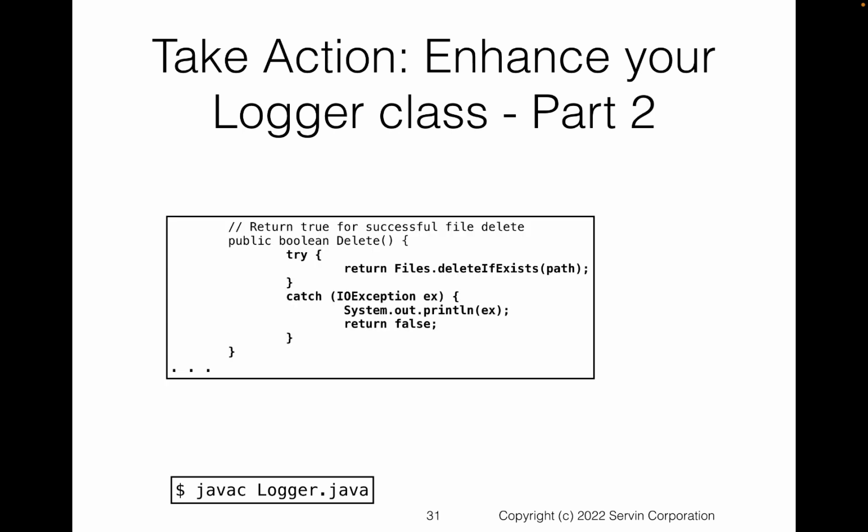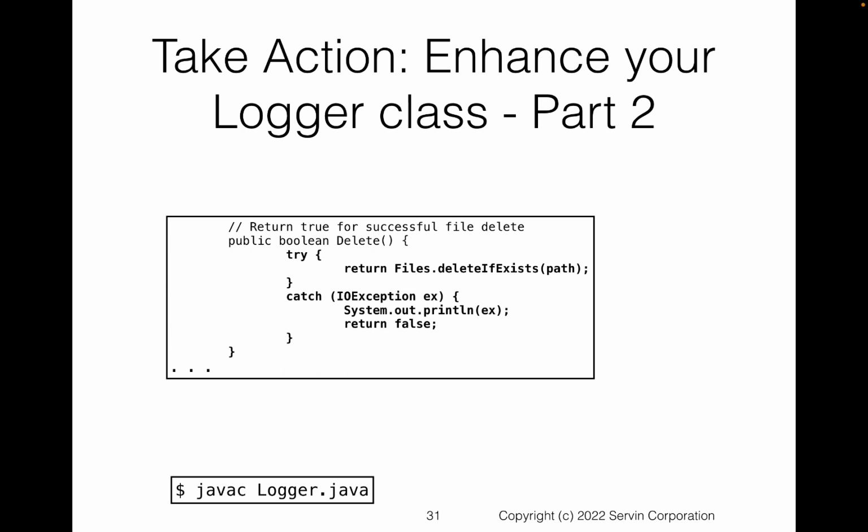Part 2, we add our next method. This time we're going to add the delete method. We're going to fill out the code in it. Notice we're going to put it inside a try catch because we're doing file I/O, and anytime you're doing file I/O, you could have an exception, so this IOException could occur, and we're catching that if it does.